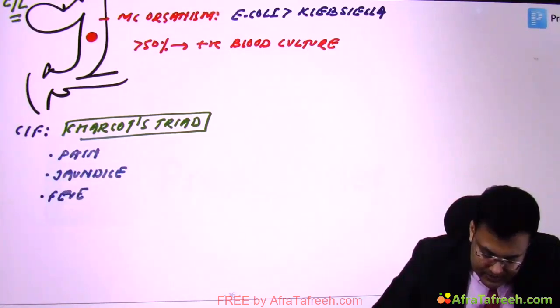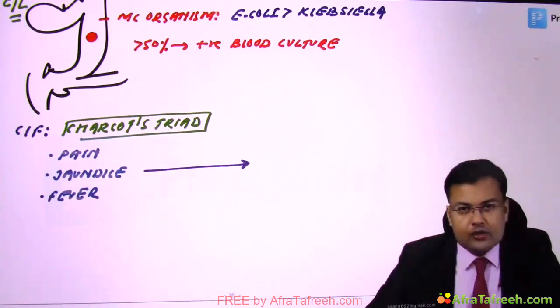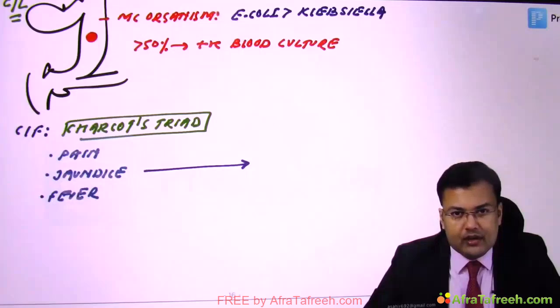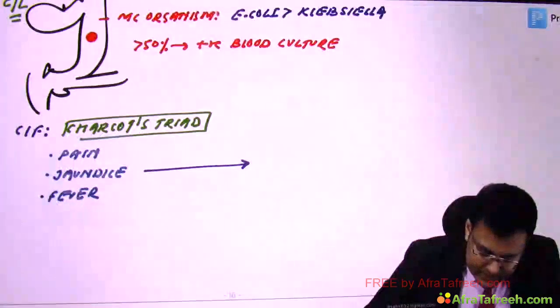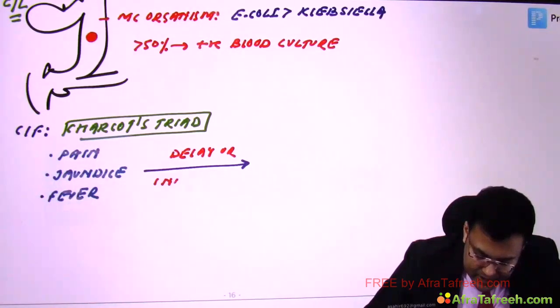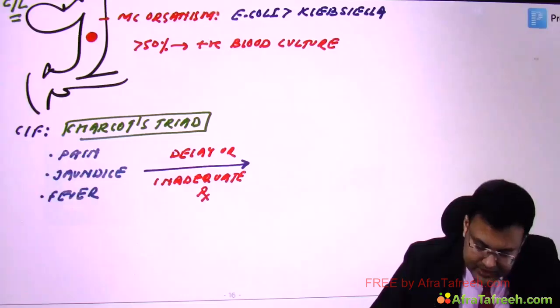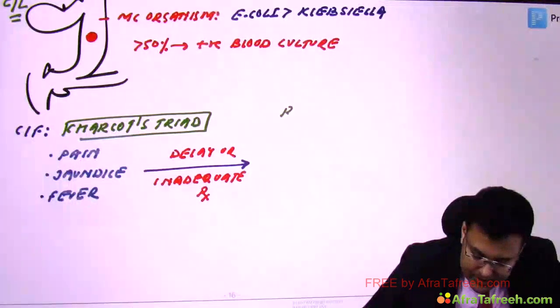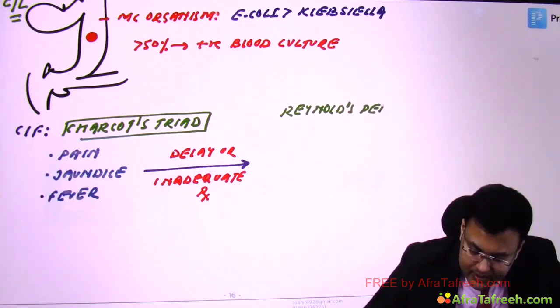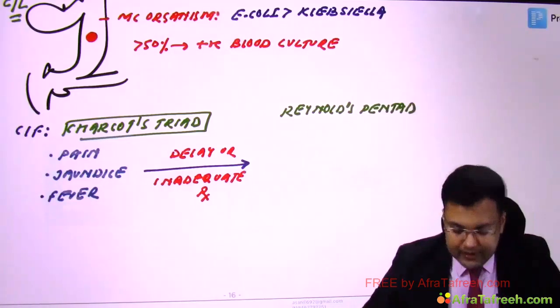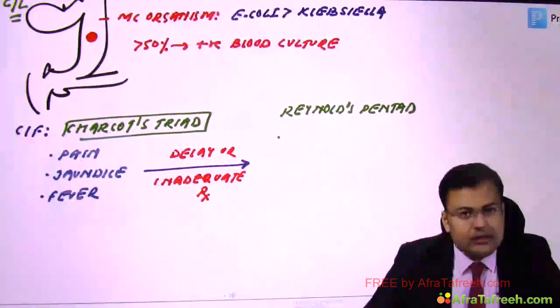We discussed that the patient has systemic sepsis, so if there is delay or inadequate treatment, it can convert into Reynolds pentad. Clear? So what are the components of Reynolds pentad? There is Charcot's triad.